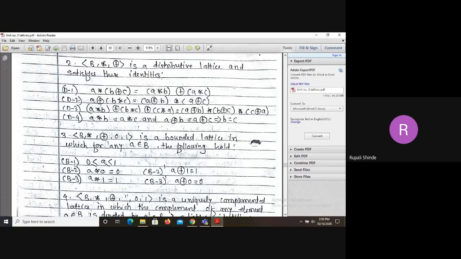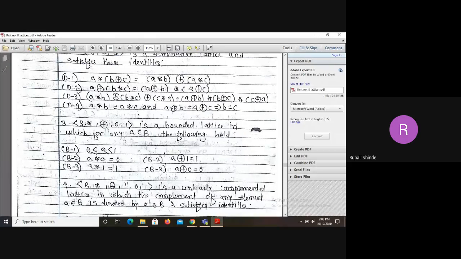Why have we written B here? Because B is for bounded lattice and it contains three properties: 1, 2, 3. The first property: A lies between 0 and 1. That is, 0 is less than or equal to A and A is less than or equal to 1.